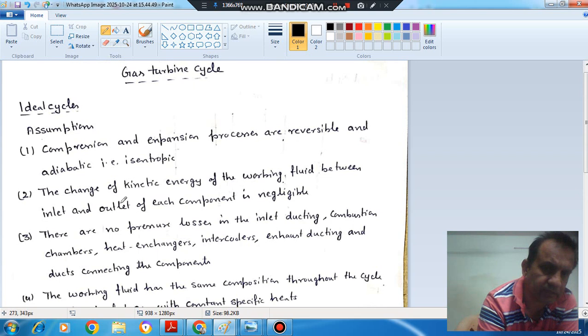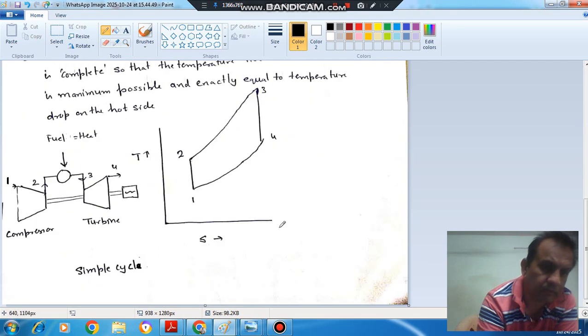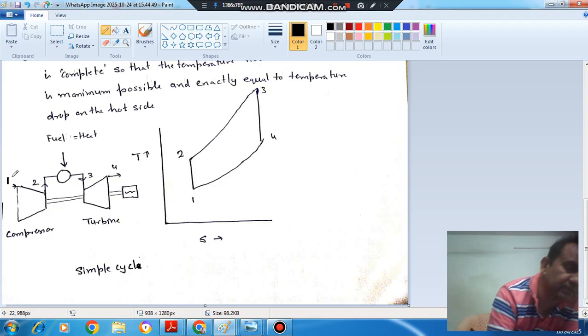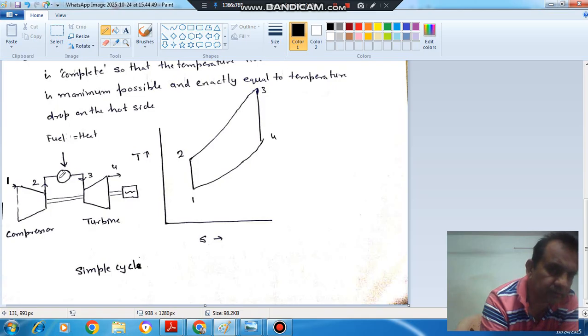Second assumption is that the change of kinetic energy of the working fluid between inlet and outlet of each component is negligible. It means the air enters the compressor with the same velocity at which it leaves the compressor, or air enters the combustion chamber with the same velocity as it leaves the combustion chamber, or air enters the turbine with the same velocity at which it leaves the turbine.